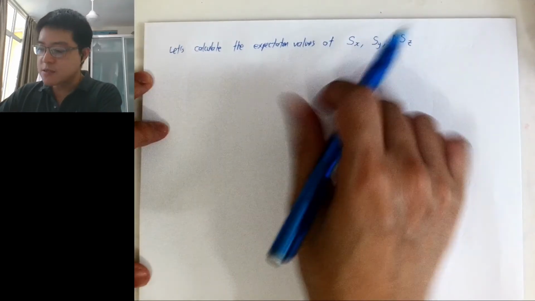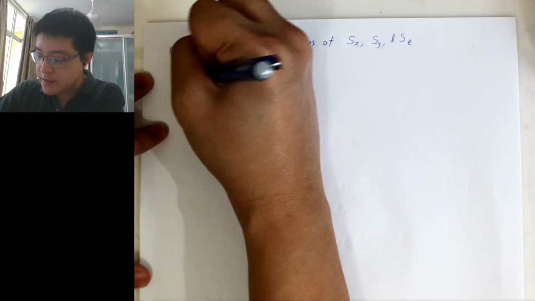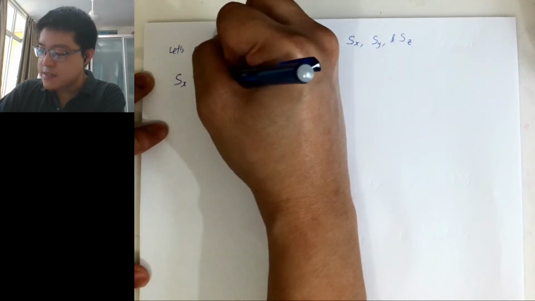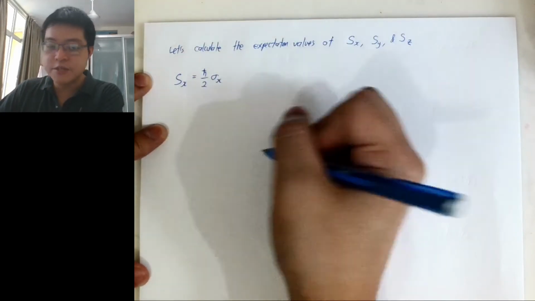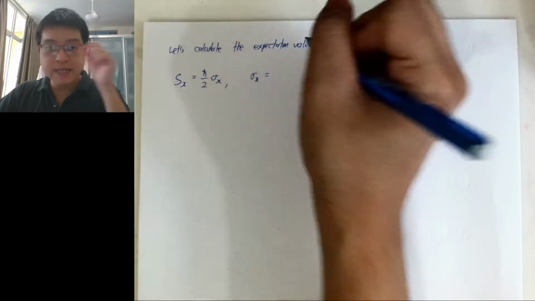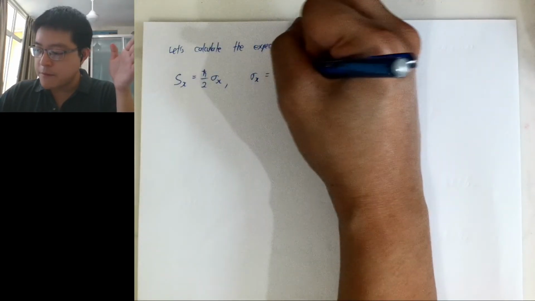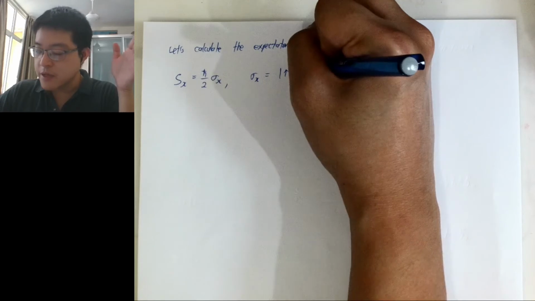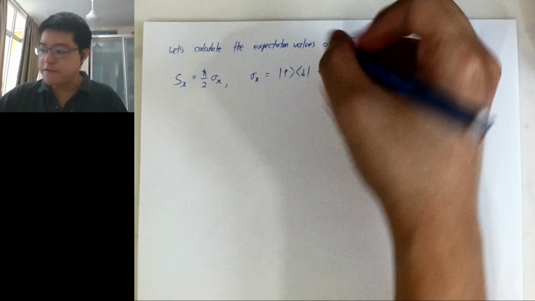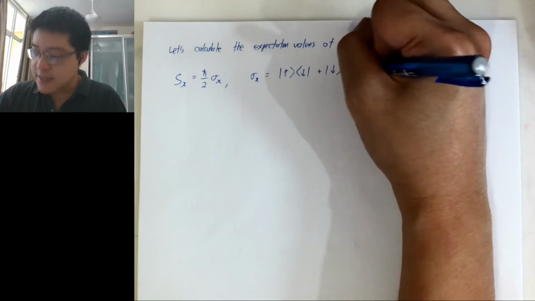And what is this? Well, we have shown already that our spin operator is just h bar over 2 times our Pauli matrix, right? And what was the Pauli matrix? For sigma x, if you remember what we derived last time, I'm going to use the ket-bra form, because you can use the matrix form if you want, but this is also another preference.